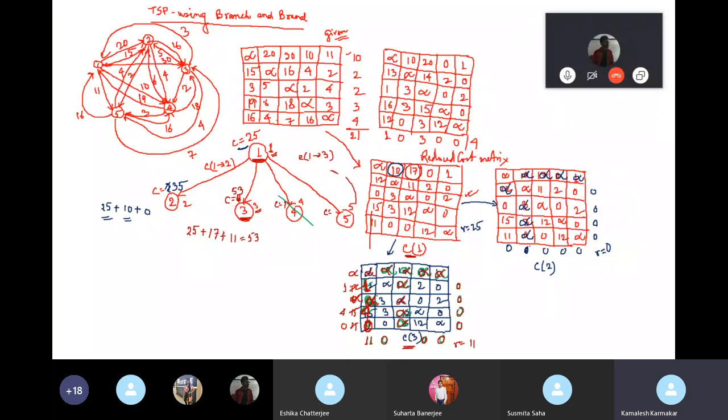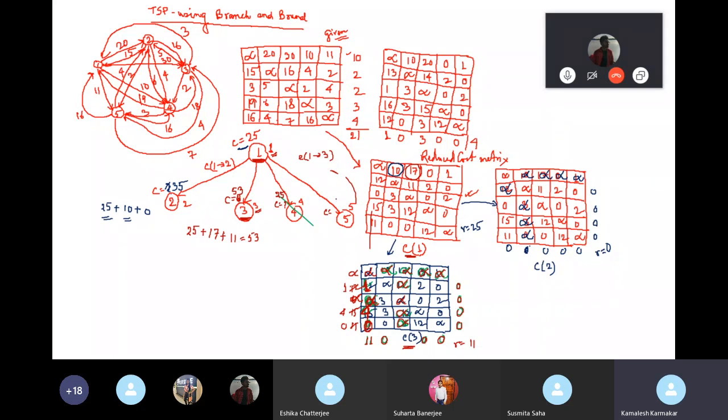Cost of C4, 1 to 4, vertex 1 to 4, this cost is 0. So here you will get 25. So C equals 25.